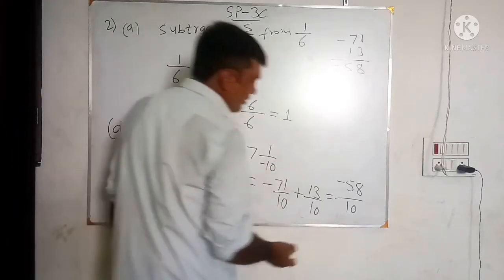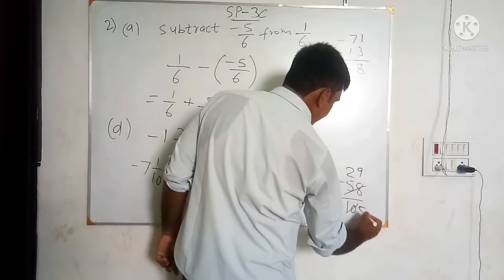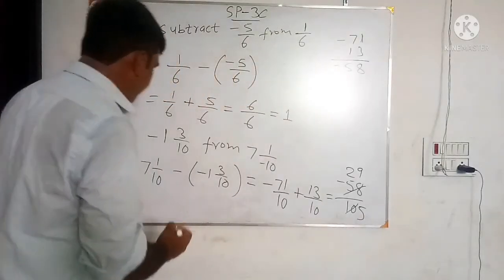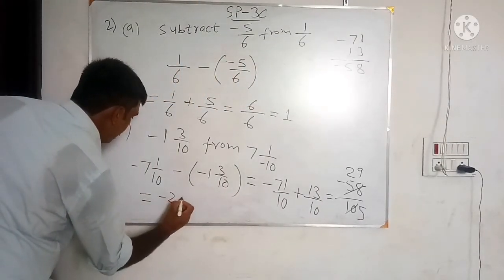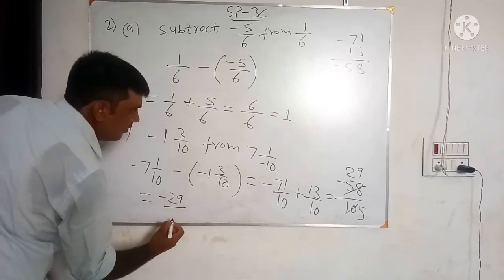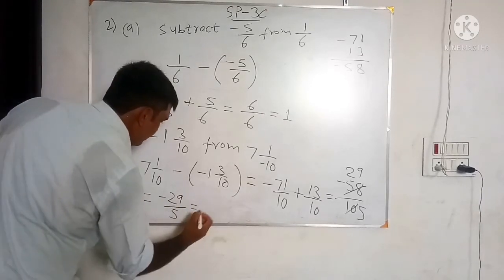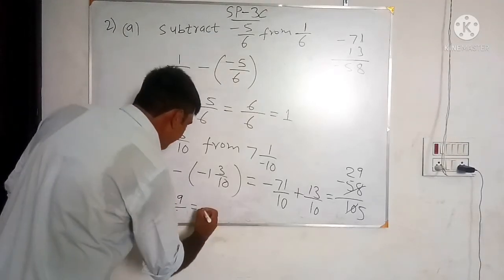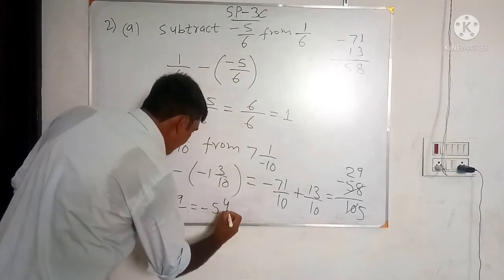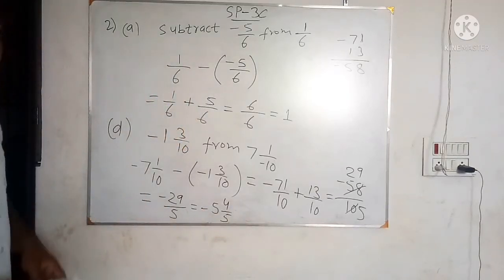Now you can simplify it also. 2 2s are 4, 2 9s are 18, 2 5s are 10. The result is minus 29 by 5. Now you can convert it to the mixed fraction: 5 5s are 25, so minus 5 4 by 5. Like this we got the answer.